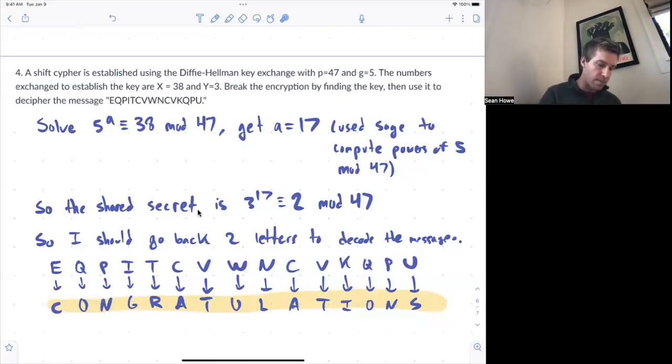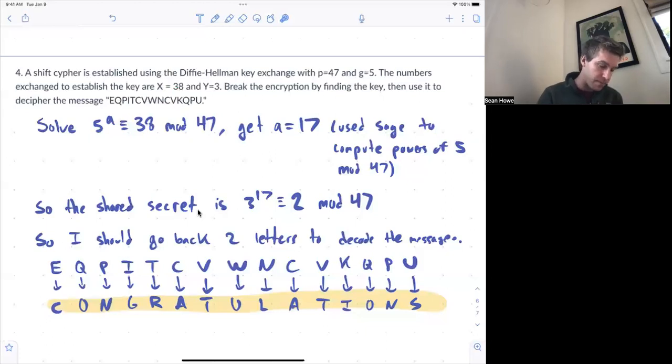One of the numbers that was transmitted was 38. So 38 was 5 to the A, where A was the secret number that one person had. If you can solve for A, so if you solve 5 to the A is congruent to 38 mod 47, then you can break it. This is how you can break this kind of encoding.